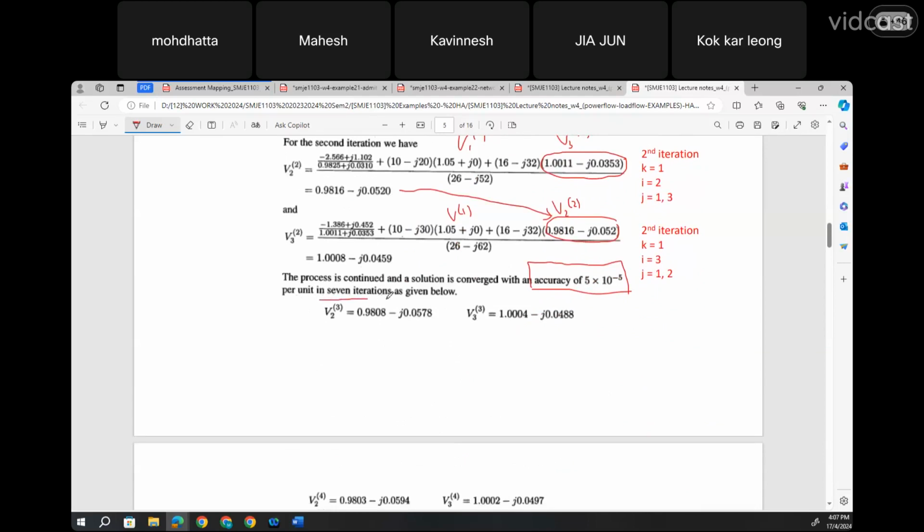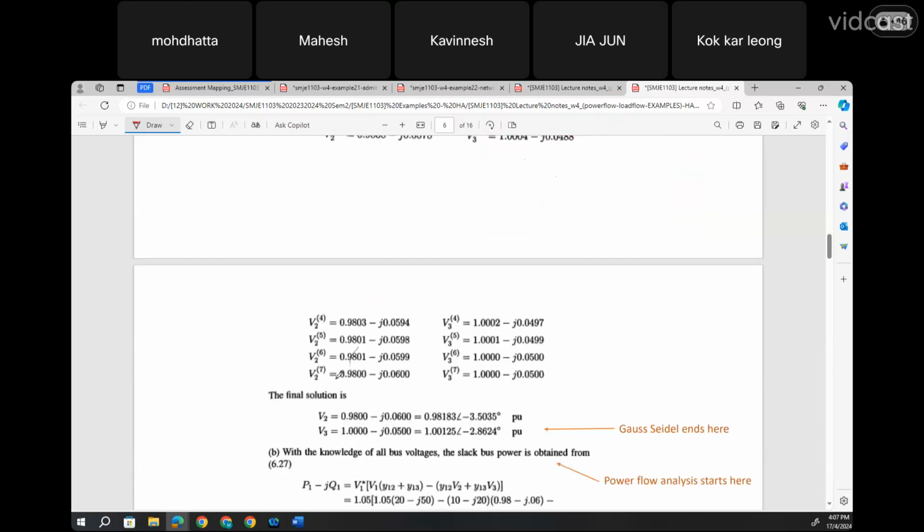until the seventh iteration, we stop because we see that there are no changes in terms of voltage level at V2 and V3. So we stop. And if you further iterate into the 8th iteration, you will get the same value over here.